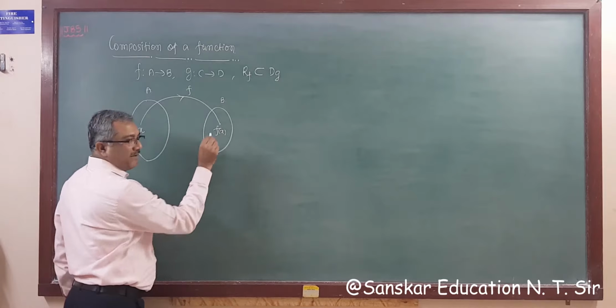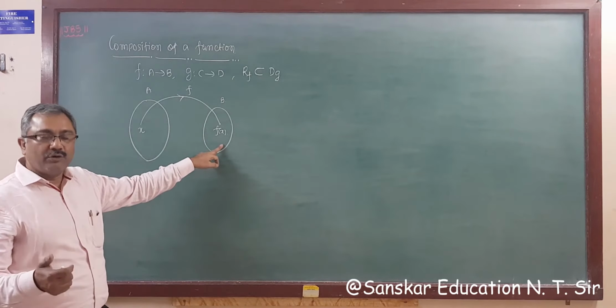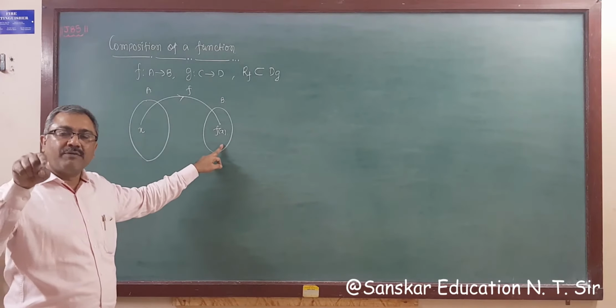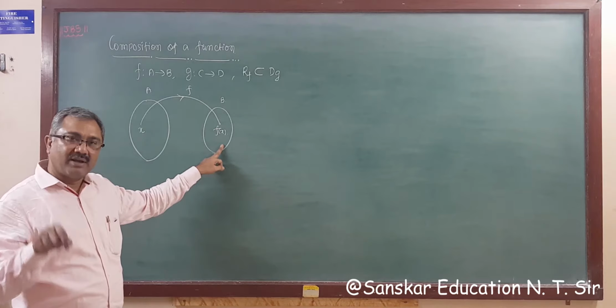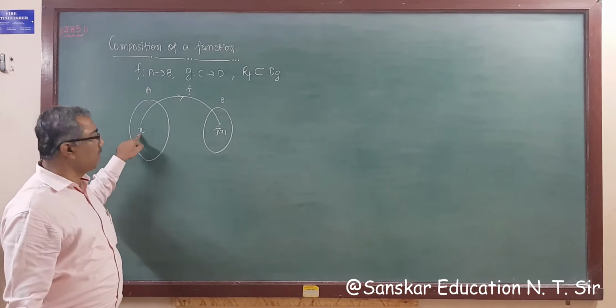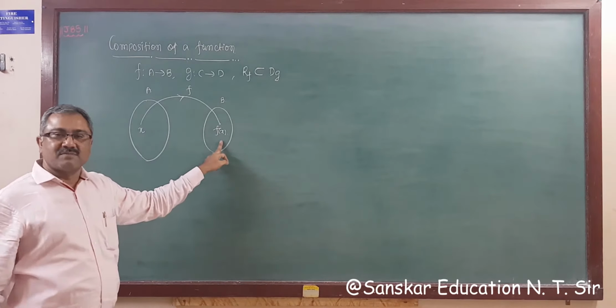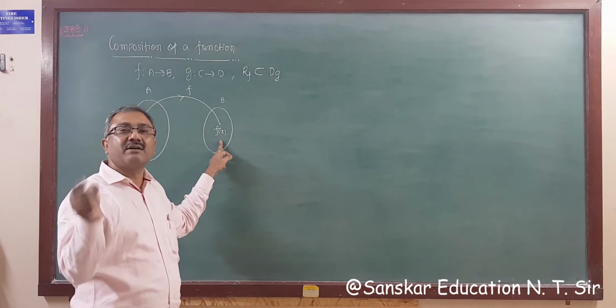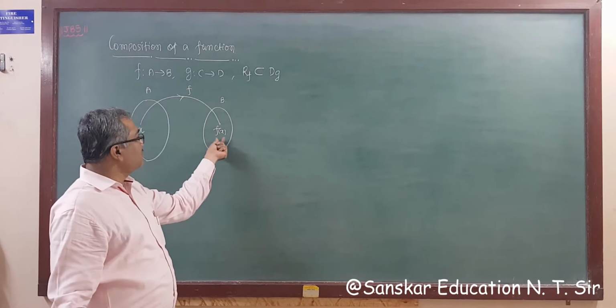You know what the domain is? The values of x for which the function is defined are called the domain. And the range: take a value from the domain, substitute it in the function, and the answer is the range, the image of x with respect to function f. So this is the range of f.